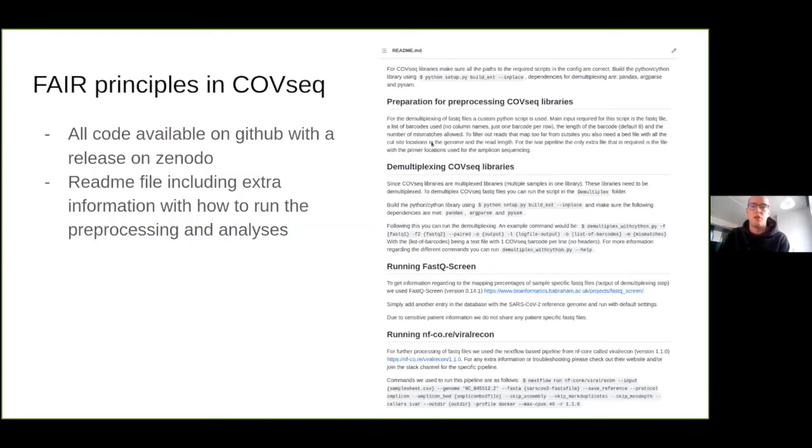And also, as you saw previously, we had, in my opinion, a pretty elaborate README file going through all the steps of pre-processing and running everything. We also used nf-core to run all the samples. So those were the things we tried to do and make as elaborate as possible, and upload as much metadata as possible to make it as FAIR as possible.